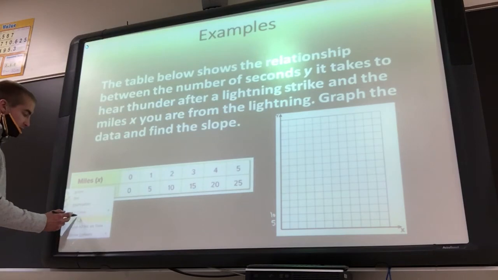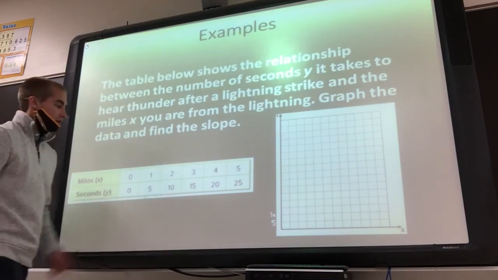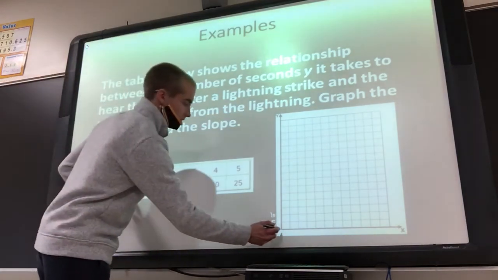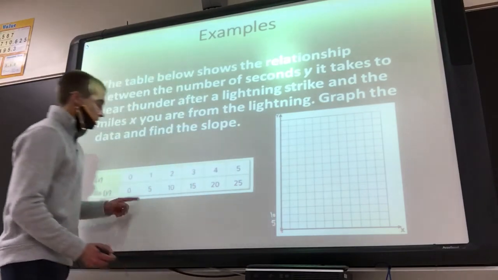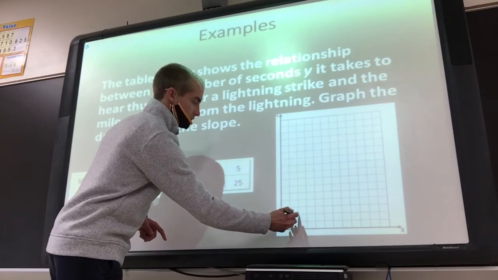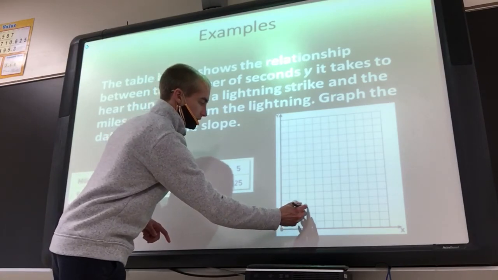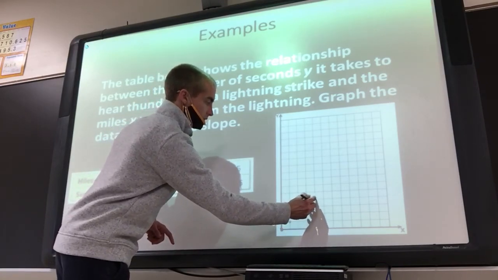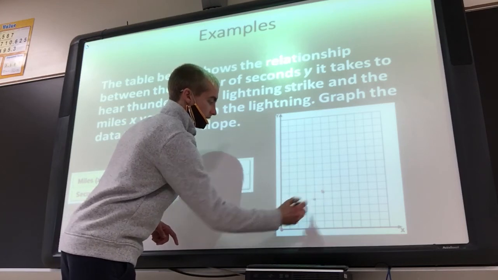And then we're going to graph our points. So at 0, we're at 0. 1 second, we're at 5 miles. 2, 10. 3, 15. 4, 20. 5, 25.